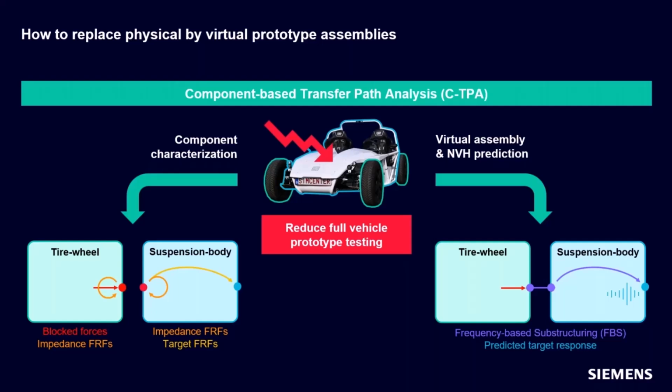And so we never have to have the actual wheel and tire, and we never actually have to have the actual suspension and body to physically put them together. We can do this using mathematics and some techniques like frequency-based substructuring. It allows us to predict what will the response be at the driver's ear or the steering wheel vibration given that we put on this tire and wheel combination. Okay, so that's the idea.